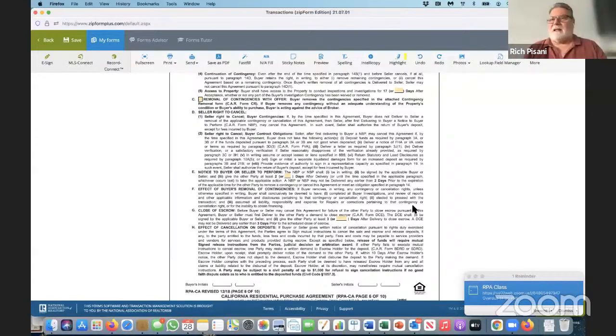I say that the seller gets the deposit, but it doesn't really work that way. It's not an automatic handover to the seller. There is going to be a fight for that deposit. Trust me, I've been through it. So it is going to be a fight. So it doesn't automatically get handed over.